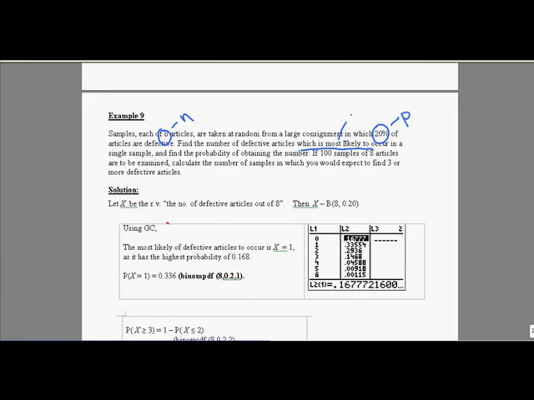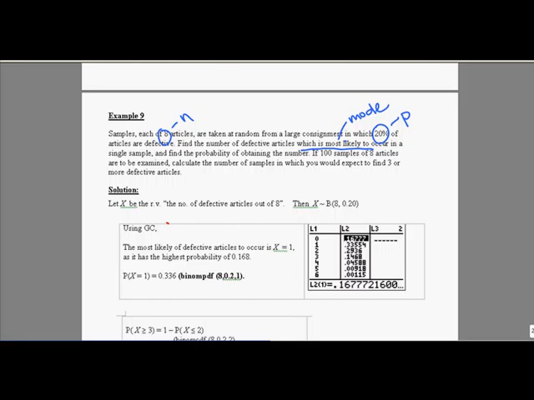So this means we are looking for the mode. Using the idea mentioned in an earlier example, we go to our GC and we look for the value of X that will give the highest probability. Note in this case, the highest probability occurs when X is at 1 and the probability is 0.18.